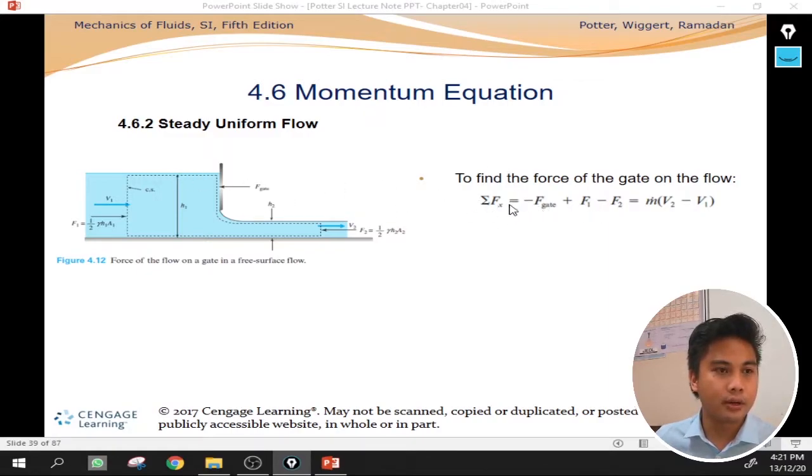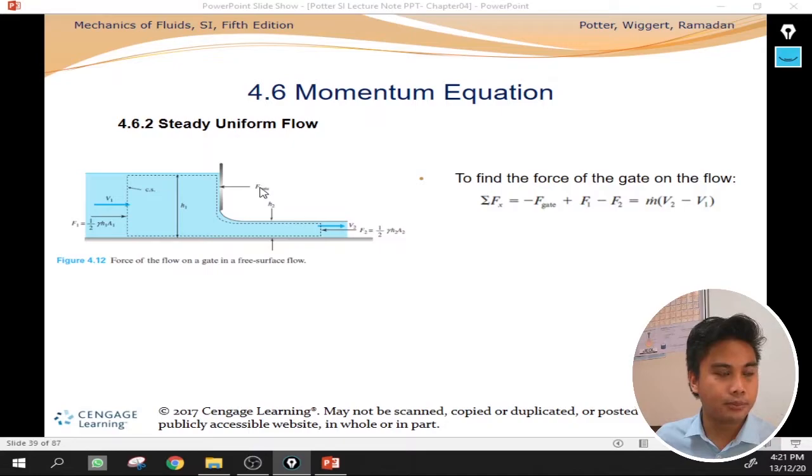When we talk about the X component, where's the X component? This X component we refer to as F of the gate. The gate has a reaction force to hold it from moving.